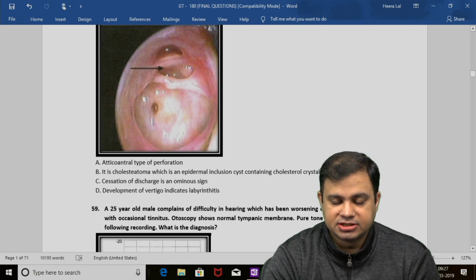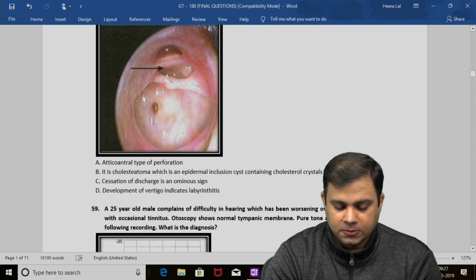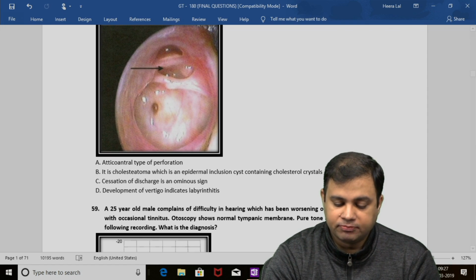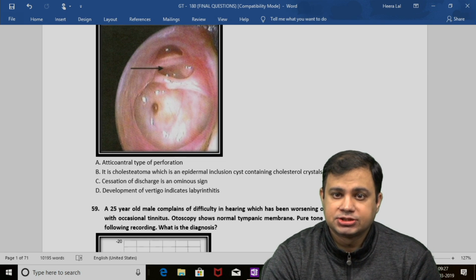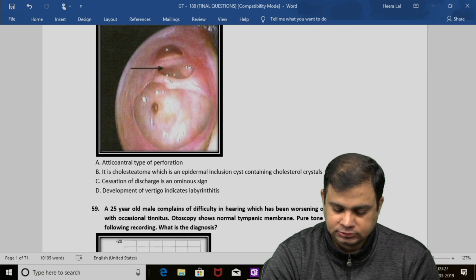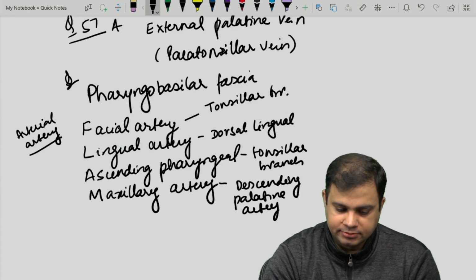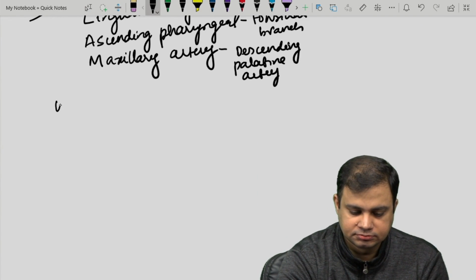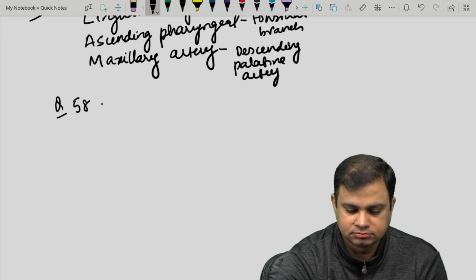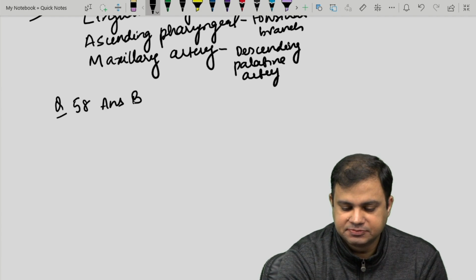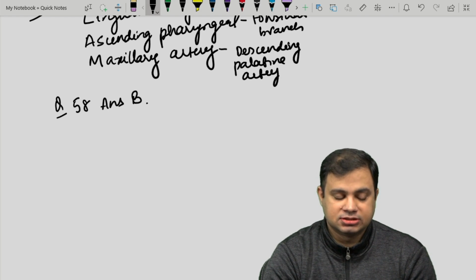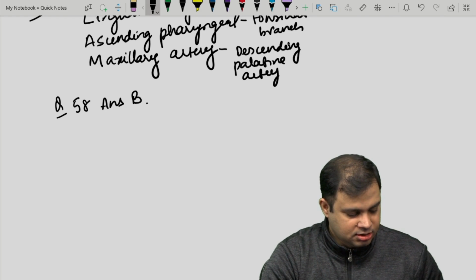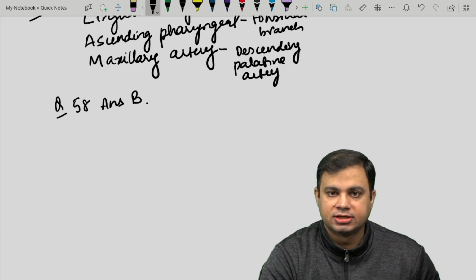The cessation of discharge is an ominous sign, and option number D is also correct, that is the development of vertigo following labyrinthitis. Labyrinthitis is the complication of cholesteatoma. So question number 58, answer is B. It is the epidermal inclusion cyst, but it is not having the cholesterol crystals.